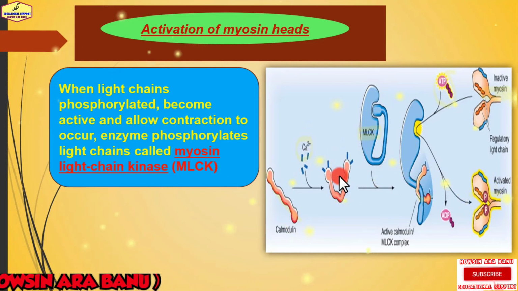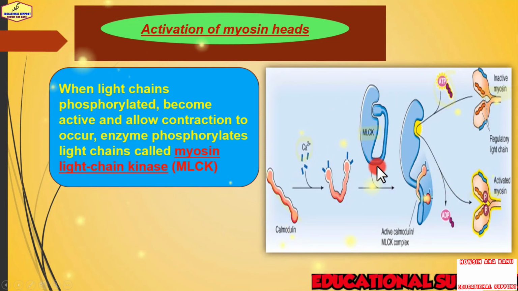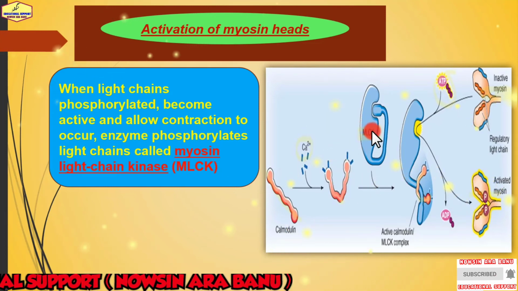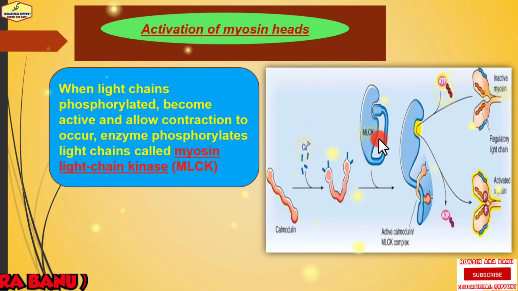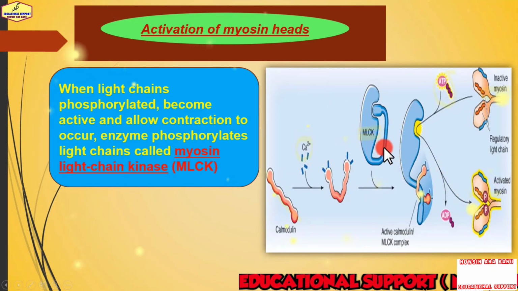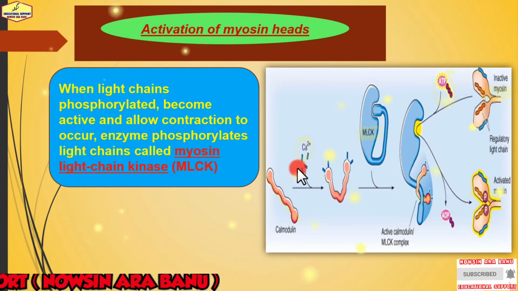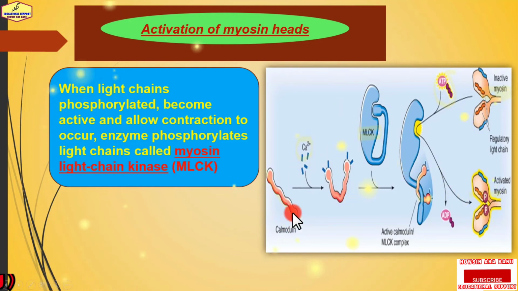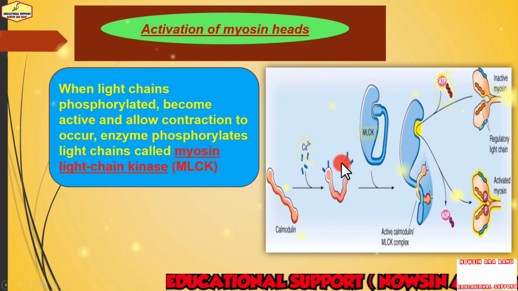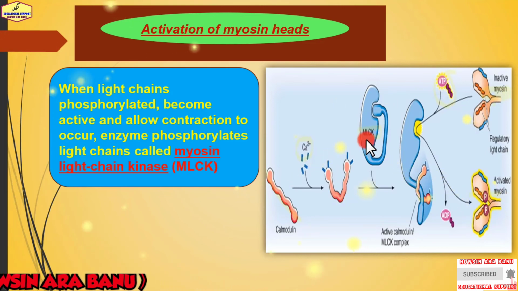The enzyme that phosphorylates the light chain is called myosin light chain kinase, MLCK. MLCK will work only when the muscle is stimulated to contract, which increases intracellular calcium ions. These bind to a molecule called calmodulin, and the calcium calmodulin complex binds to MLCK to activate it.